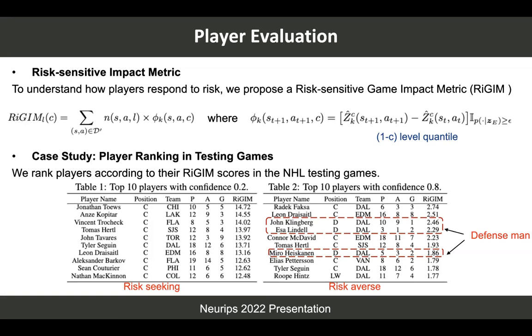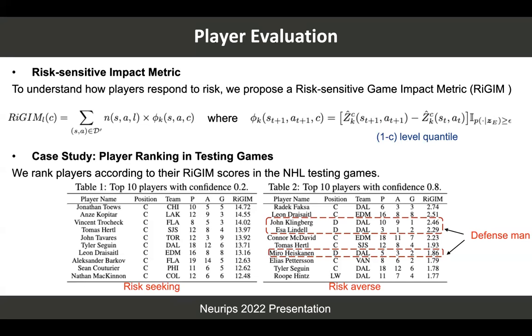Yeah. Actually, when we did this work, we also thought about how to evaluate this method. It's very challenging here, because there is no ground truth. Yeah, that's true. I think the benefit would be, first, we can distinguish risk averse and risk seeking players, because that doesn't otherwise exist in ice hockey analysis.